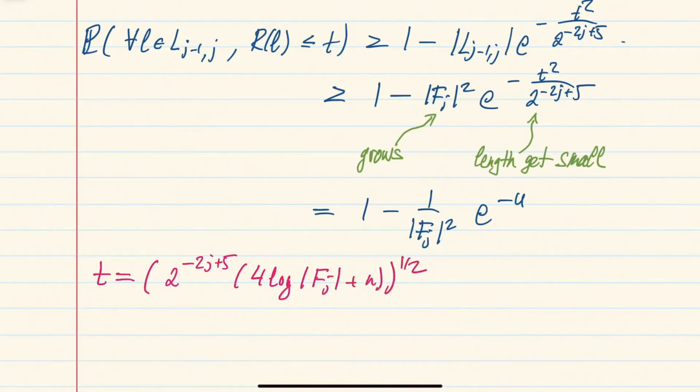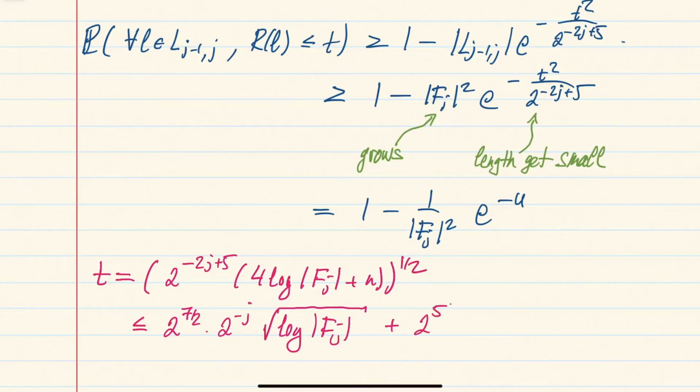Then we take the square root of this. For simplicity, we will just bound the square root of the sum by the sum of the square roots. So this is bounded by 2 to the 7/2, 2 to the minus j, square root of the log of this cardinality. And you see where the square root of the log of the packing number appears in this calculation. Plus 2 to the 5 halves, 2 to the minus j, square root of u.